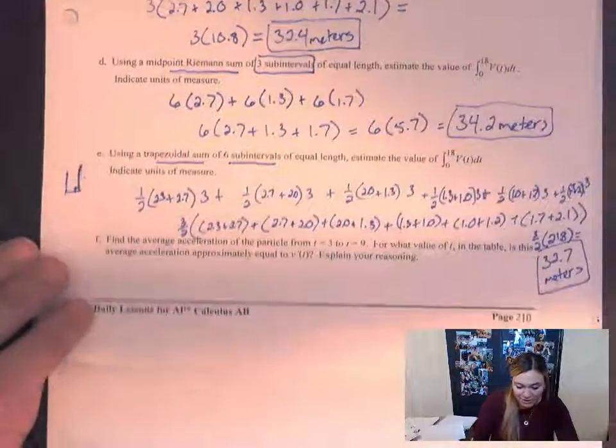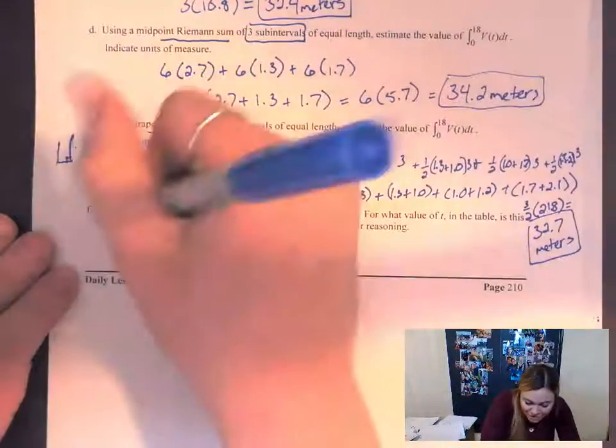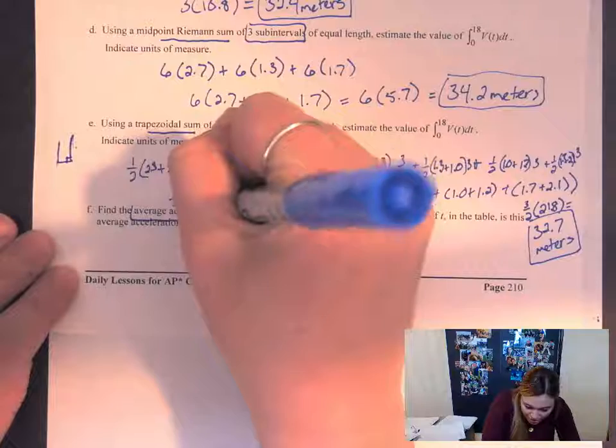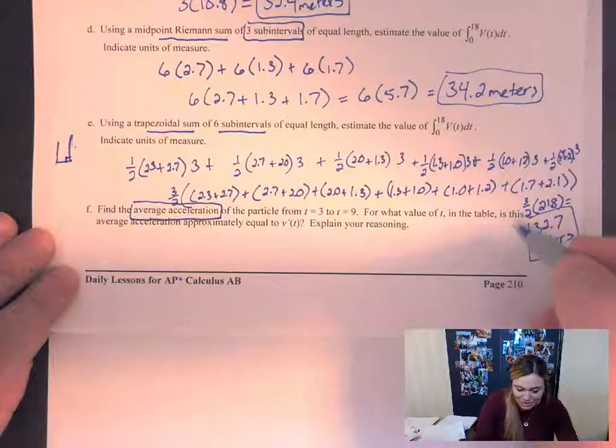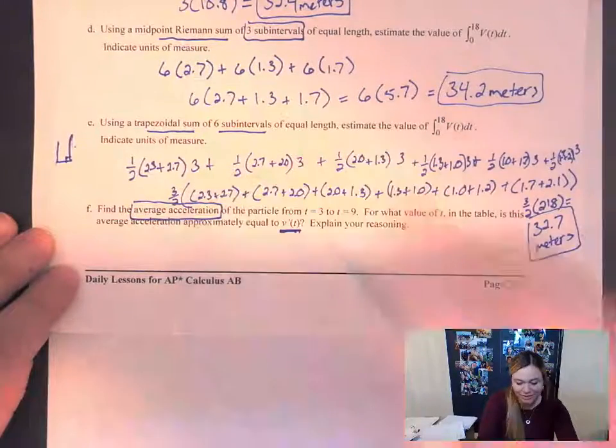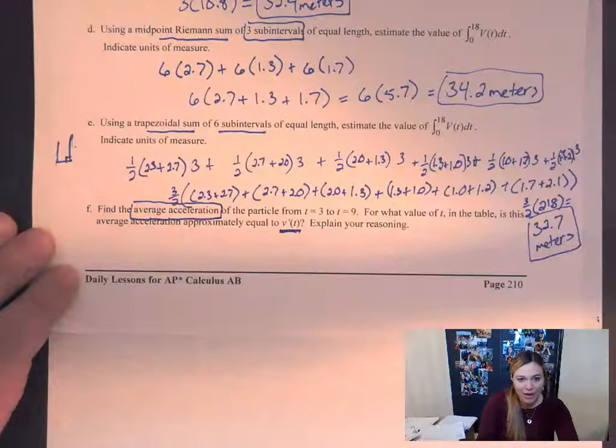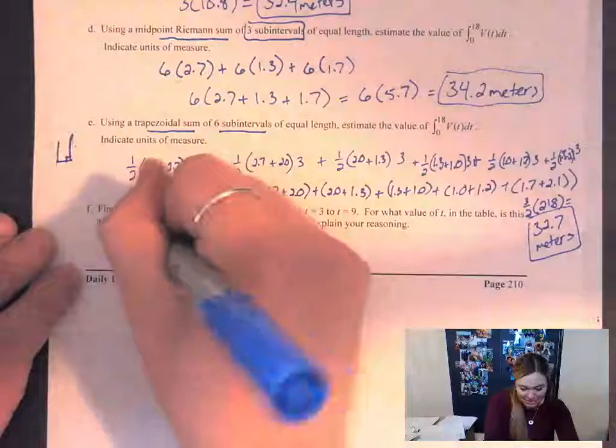Then the last one here, find the average acceleration of this particle from 3 to 9. Okay, so average acceleration. For what value of t in the table is this average acceleration approximately equal to v prime of t? So if I do average acceleration, remember what that is?